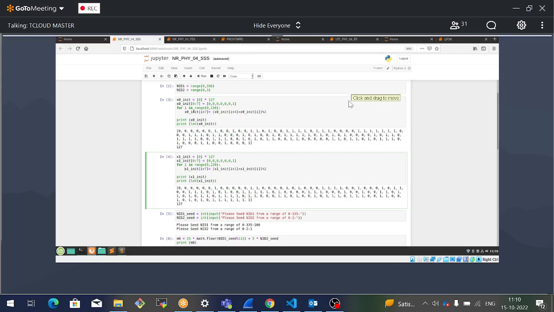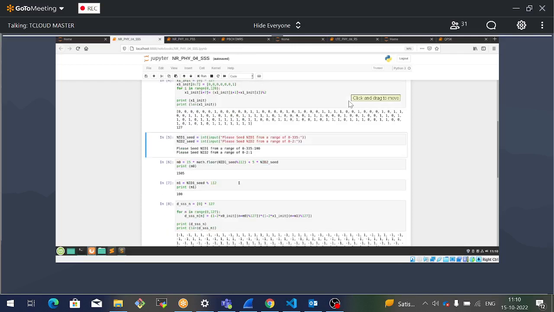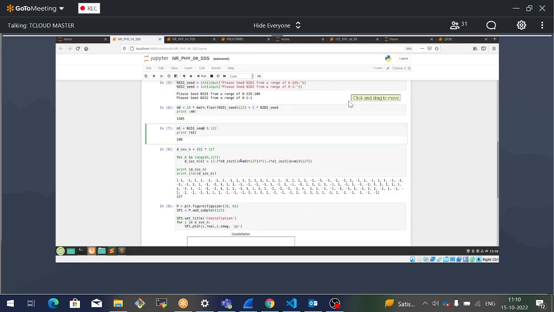Then you seed NID1 and NID2, because both are used for SSS transmission. I'm configuring 100 for NID1 and 1 for NID2. The NID values that we are seeding will give these M0 and M1 outputs. By substituting M0 and M1 in their respective positions, you calculate the DSSS.